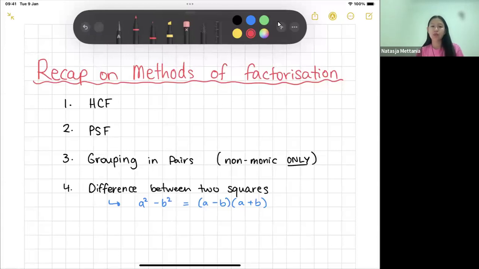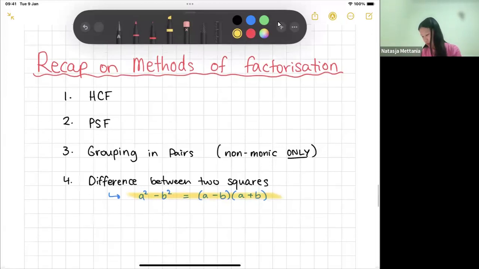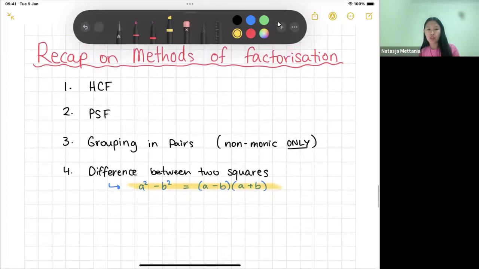Third is grouping in pairs. Grouping in pairs is only for non-monics. Non-monics, remember, is when the number in front of the x squared, the coefficient, is greater than 1. And lastly, difference between two squares. I've written down the formula down here. If you'd like to write that down, up to you. That's a recap on methods of factorization.